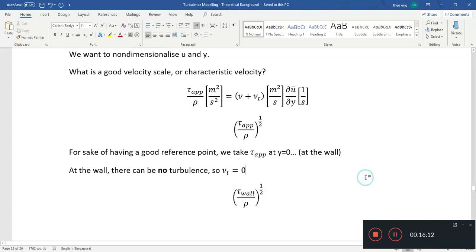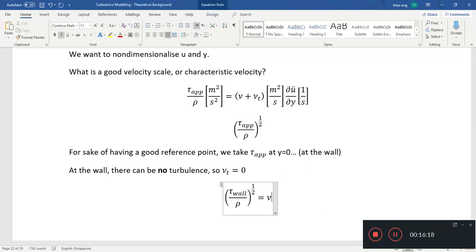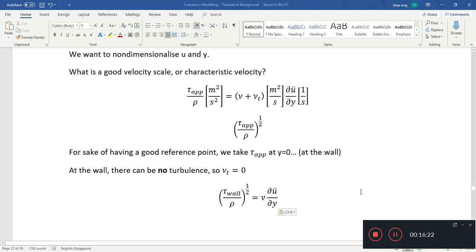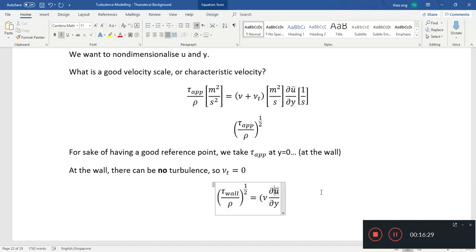So tau wall equals nu into the average velocity gradient. So this is the friction velocity. Okay, I need to do a square root on this.